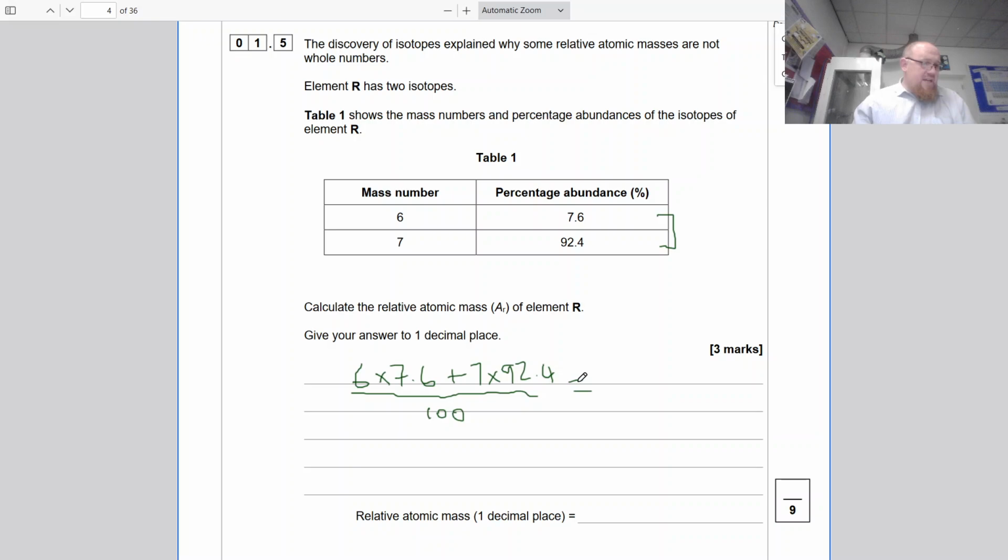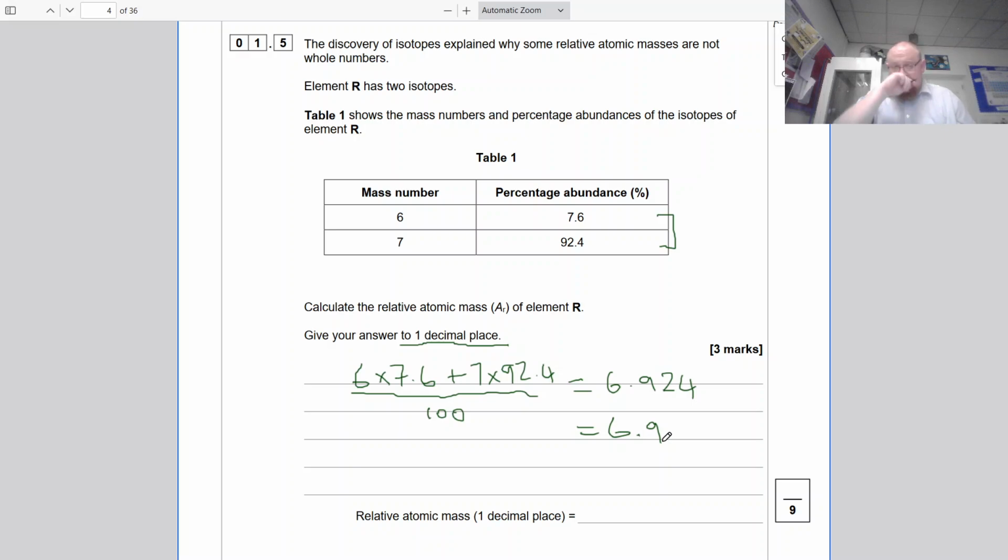And that's going to give us an answer of 6.924. Now, something else that's on here, it says give the answer to 1 decimal place. And it's really important you give it to 1 decimal place, because if you don't, you lose a mark. So this to 1 decimal place is going to be 6.9.